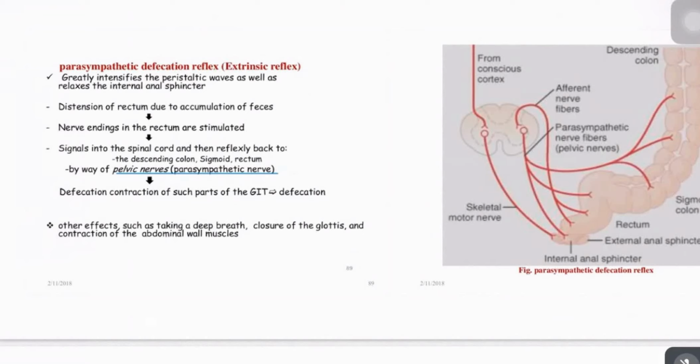Other effects include taking a deep breath, closure of your glottis, and contraction of your abdominal wall. That's the parasympathetic reflex or extrinsic reflex.